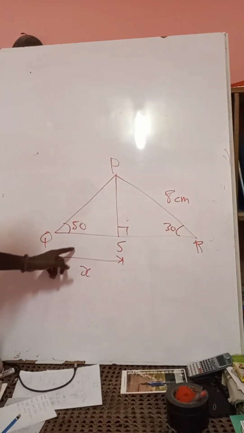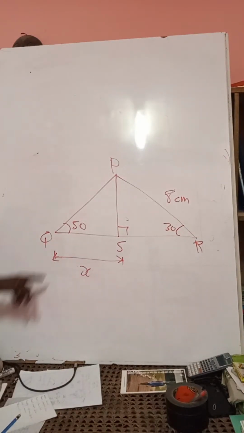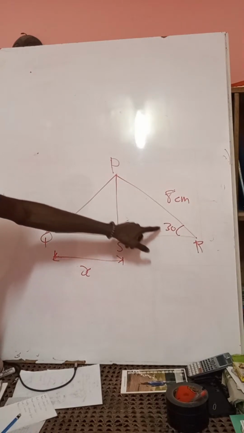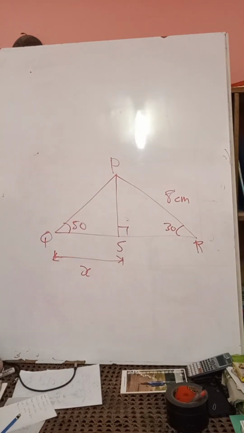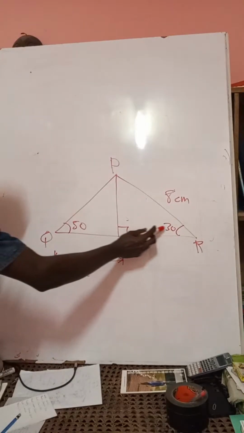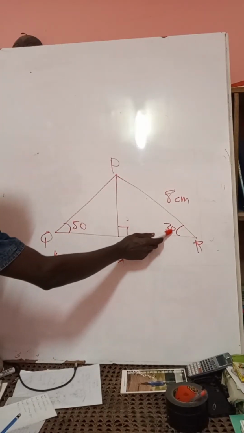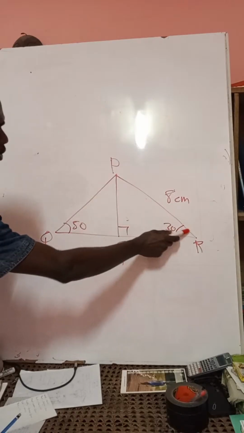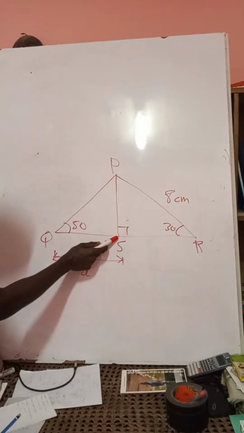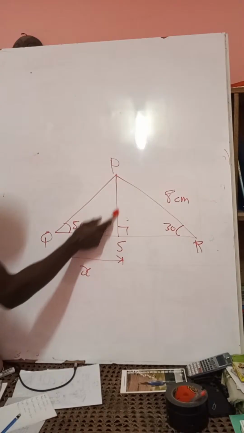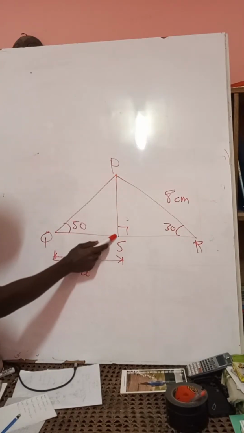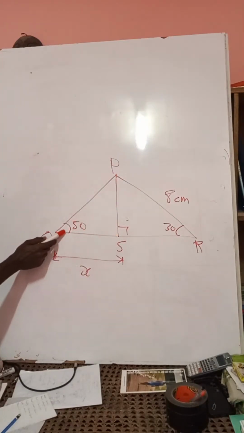With this side, you are finding this side. You have the angle here. There are 2 triangles. You can use the angle here and the side here to get the side here, because the side here is also the same as the side in this triangle.